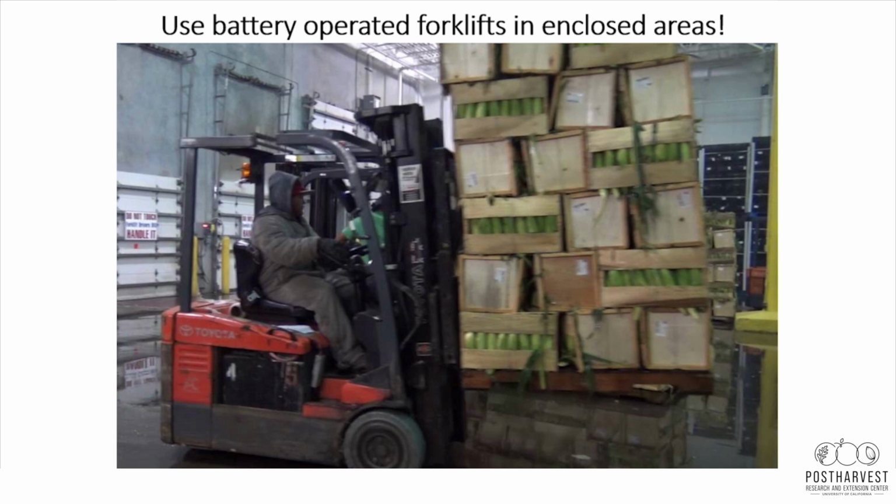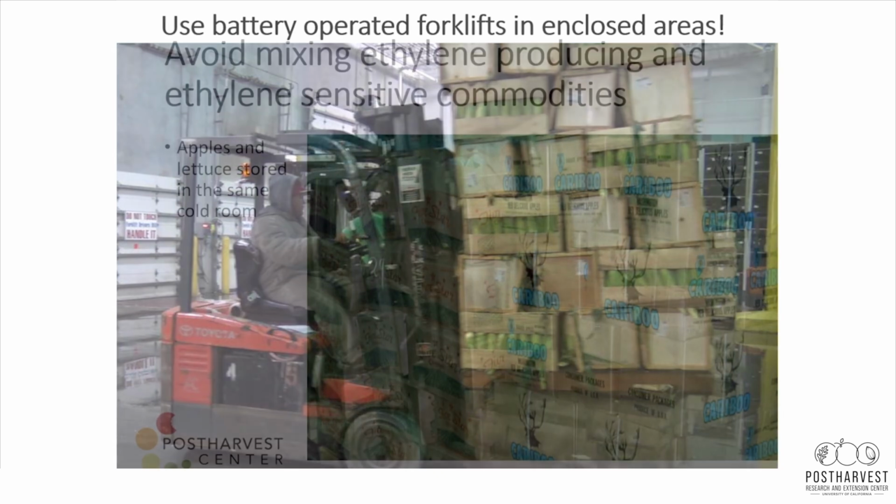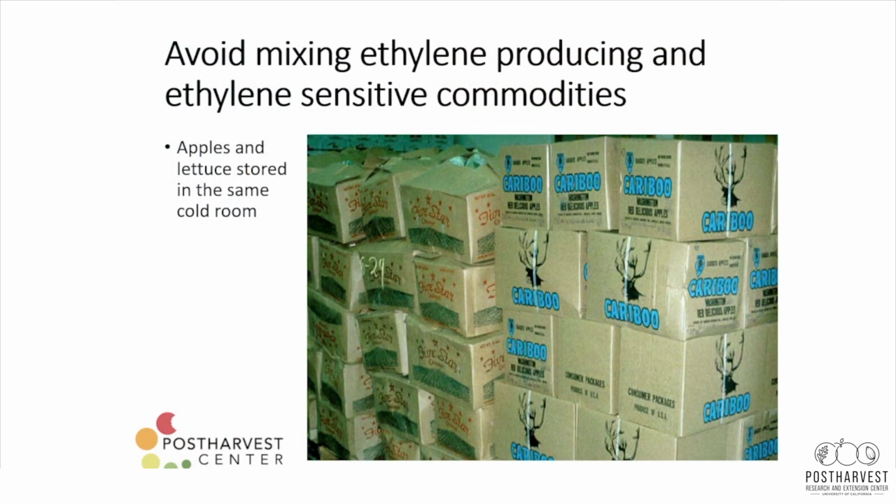I think now that's the industry standard. We use battery-operated forklifts in enclosed areas to avoid ethylene production. And we avoid, that's an old picture, luckily, storing ethylene-producing and ethylene-sensitive commodities together. In this case, they stored apples and lettuce.